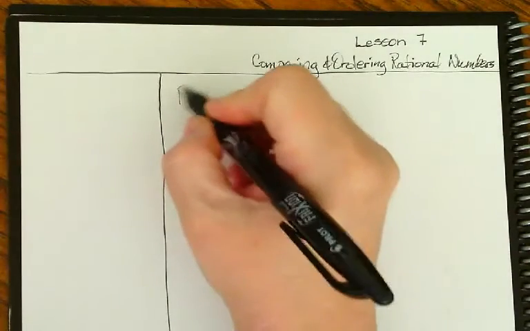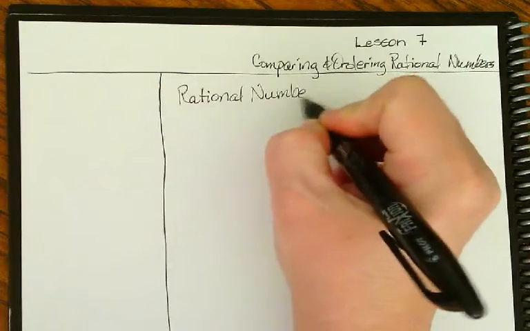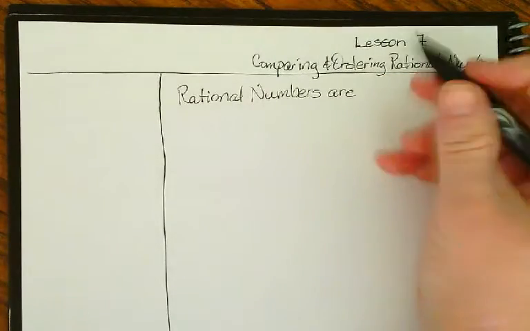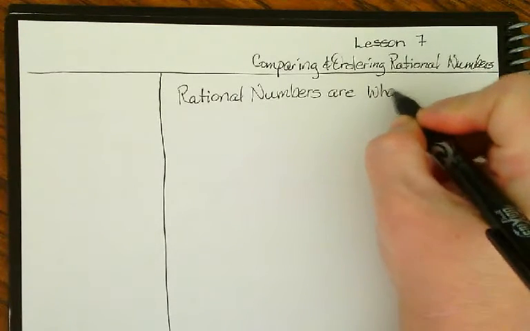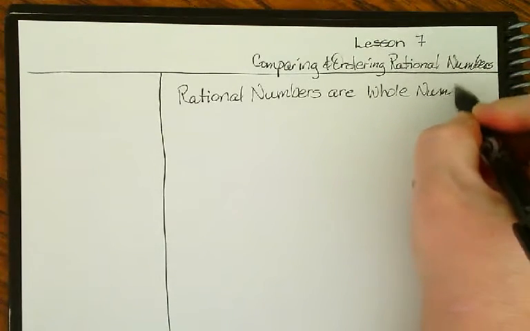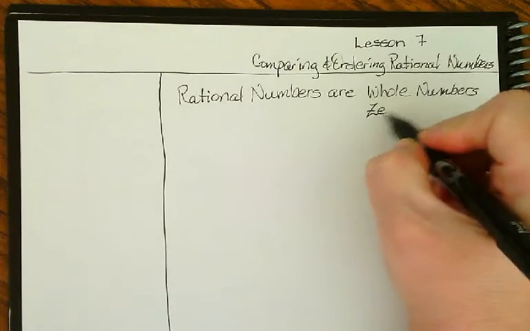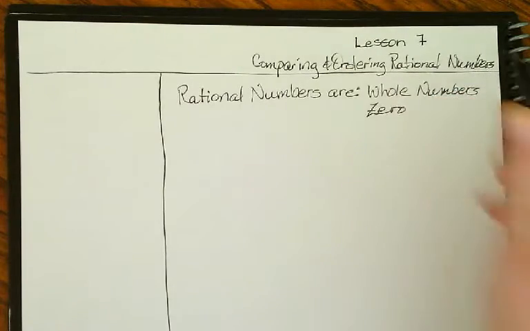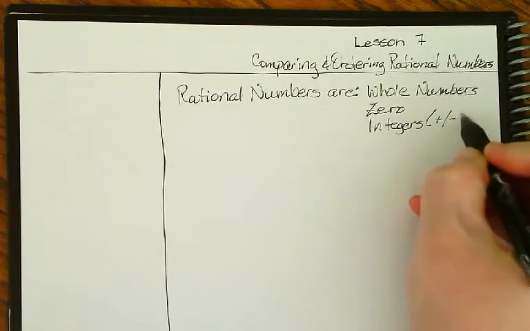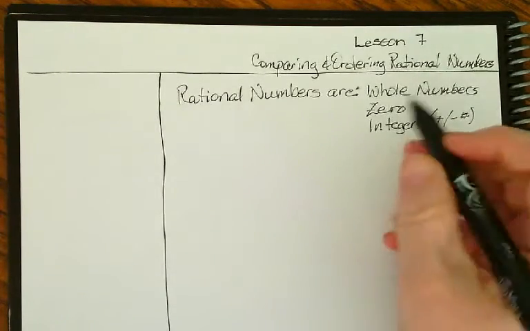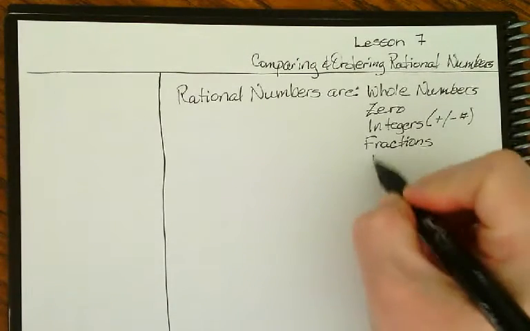Now remember that rational numbers are whole numbers, zero, integers, which are positive and negative numbers, and it's also fractions and decimals.